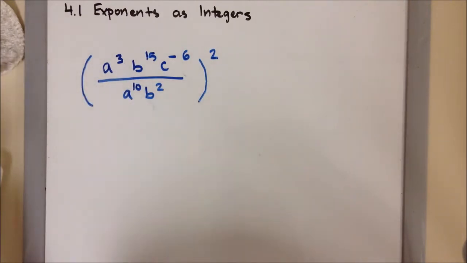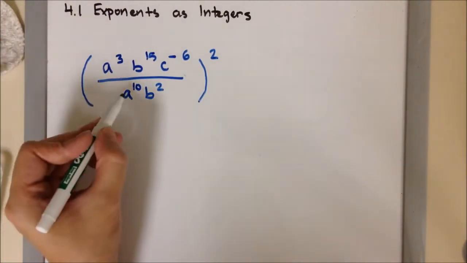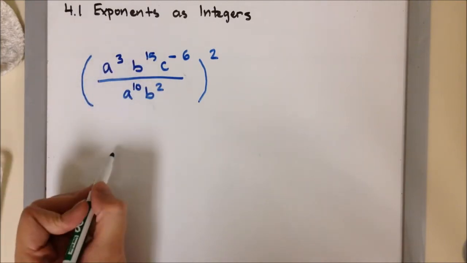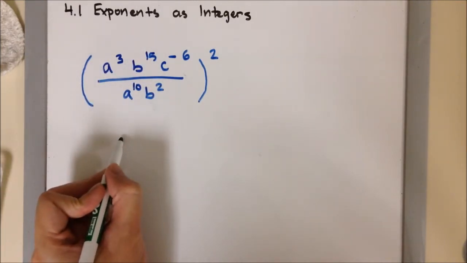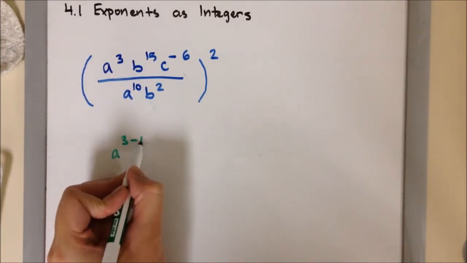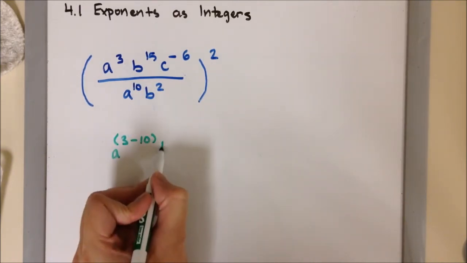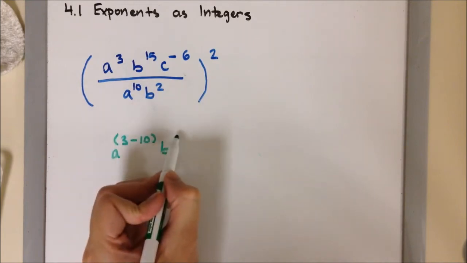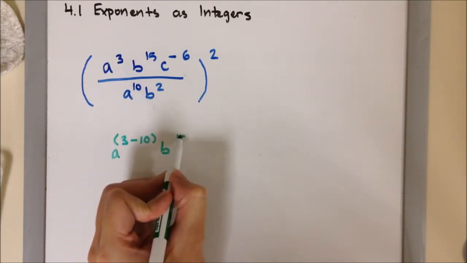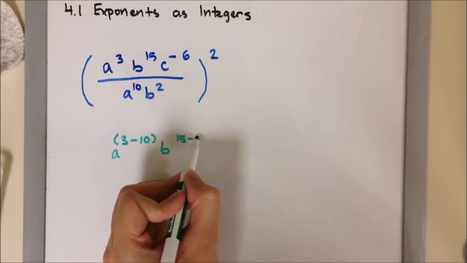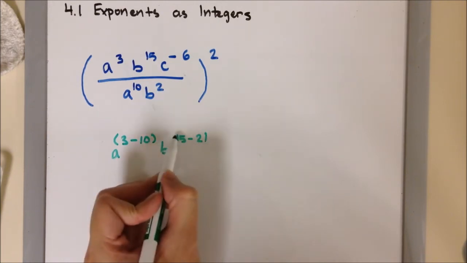Just like before, I'm going to move my a to the 10th power to the top. So it's going to be a top exponent, which is 3, minus my bottom exponent. And I'm going to do the same thing with the b's. So b, the top exponent, 15, minus the bottom exponent, 2.